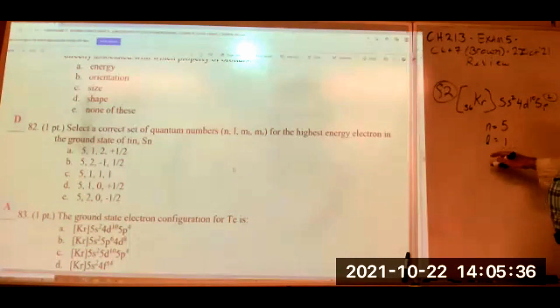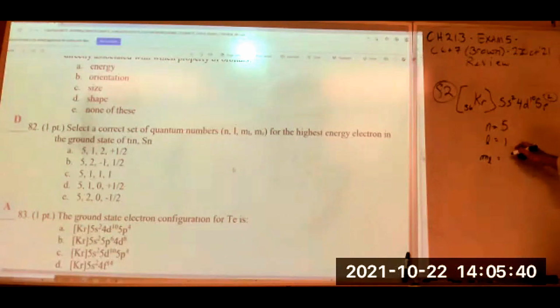And then we have M sub L's, which could be -1, 0, +1. So we've got 2 electrons in there.